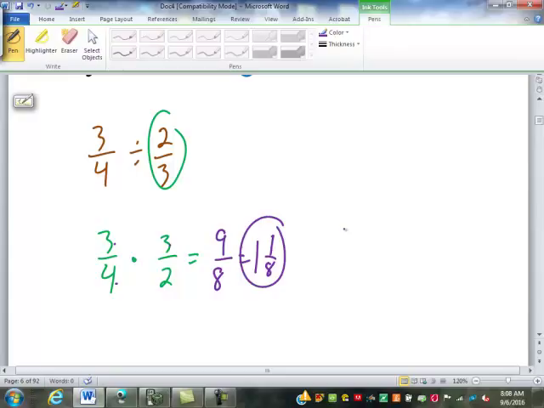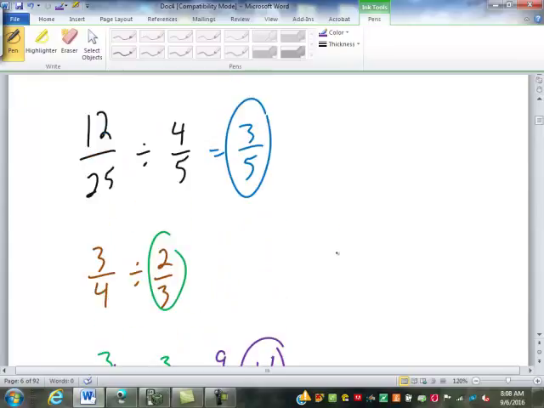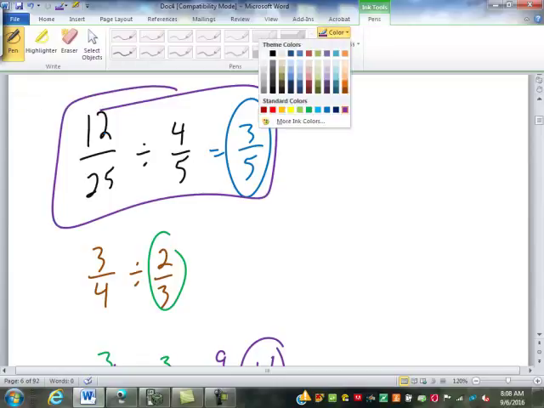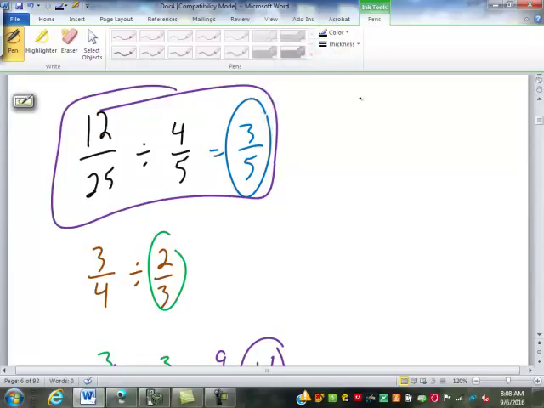Believe it or not, this process of multiplying by the reciprocal comes from this. You always flip the one you're dividing by. Let's look at how that comes about. 3/4 divided by 2/3.